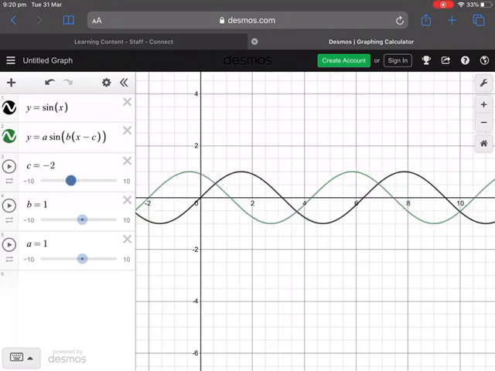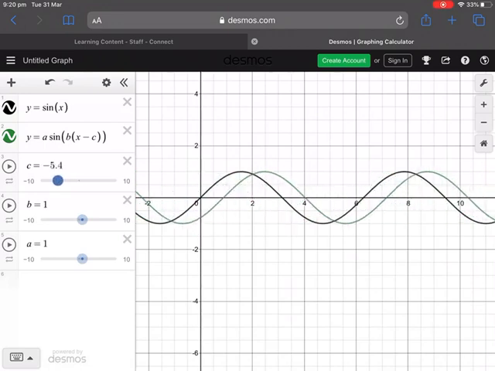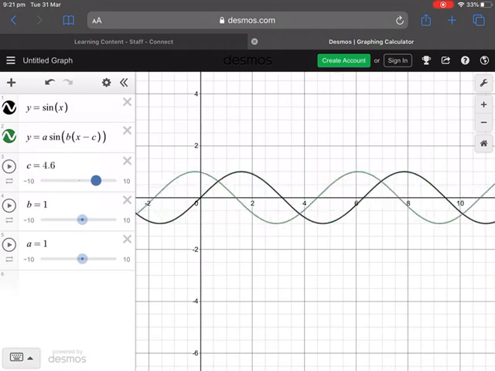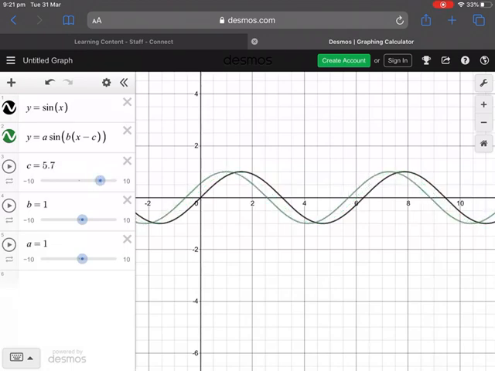As I increase it, it moves to the right. As I decrease it, it moves to the left. Let me get that back to 0.